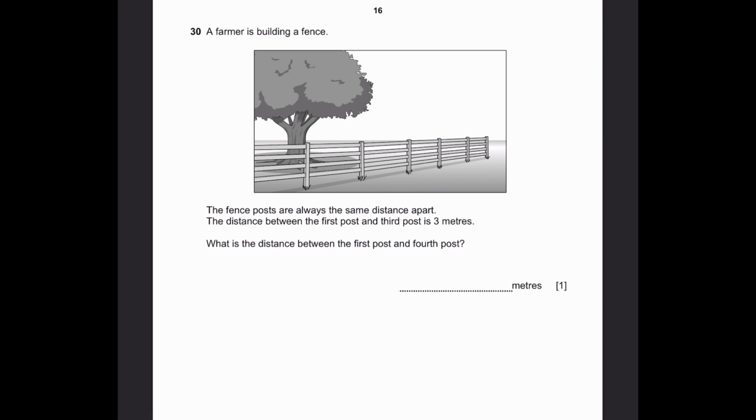Question 30. A farmer is building a fence. The fence posts are always the same distance apart. The distance between the first and third post is 3 meters. What is the distance between the first and fourth post? So the distance between first and second will be half of the distance between first and third. 3 by 2, which is 1.5 meters.